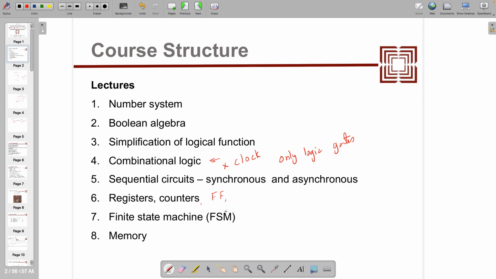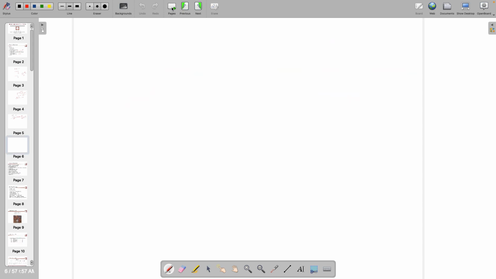The next is the finite state machine, which is going to be useful to derive or to synthesize your digital circuit. So there are two words: one is analysis and one is synthesis.